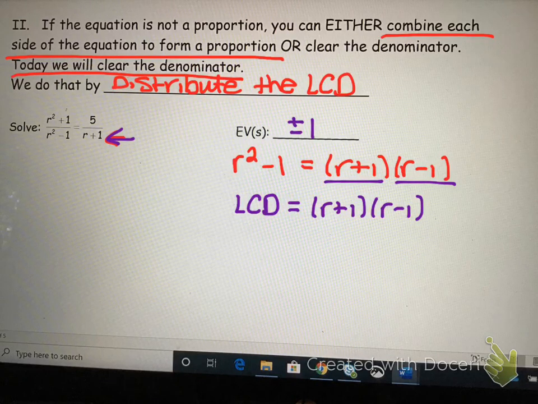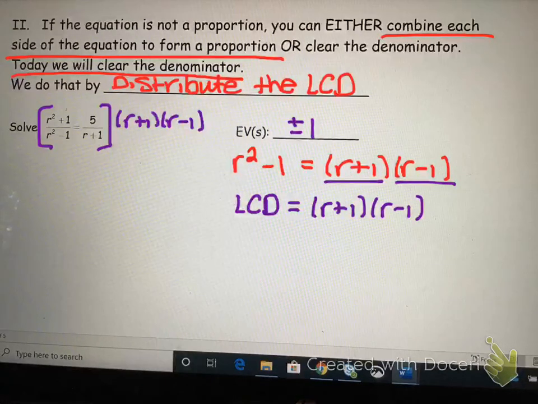That way it's got all of the factors from each of the denominators and none of them are duplicated. Okay, so that is what we are going to distribute through our equation. So we're going to take our equation and we're going to multiply it through by r plus 1, r minus 1.